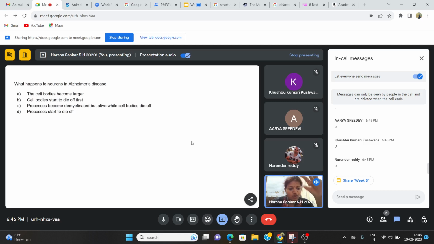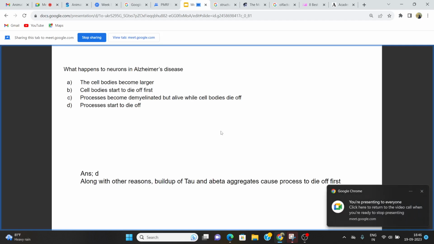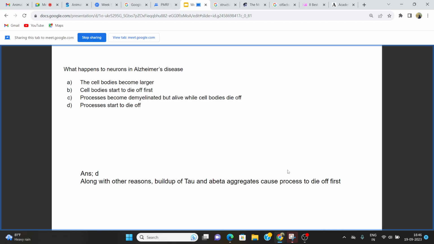This deposition will start happening at the processes first. So what is dying off first? Correct answer is option D. Due to the deposition of tau and amyloid beta, processes will start dying off first.